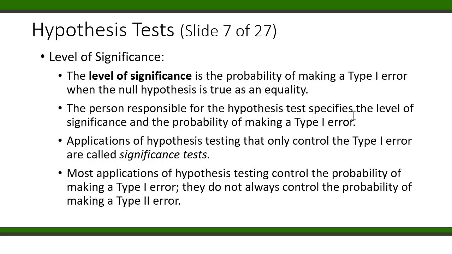So if we look at our significance level at, say, 5%, then we have a 5% chance of making a type 1 error. So that means we're 95% confident then we're making the correct choice between our null hypothesis and our alternative hypothesis. If you're only controlling for type 1 error, then these are called significance tests. So if you get asked what is a significance test, it means you're controlling for type 1 error.